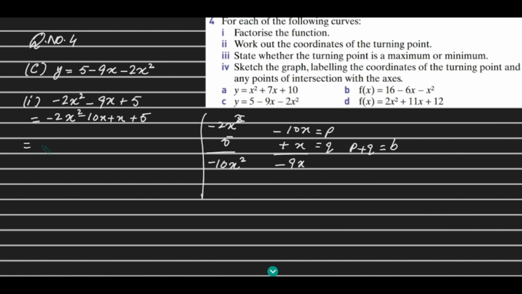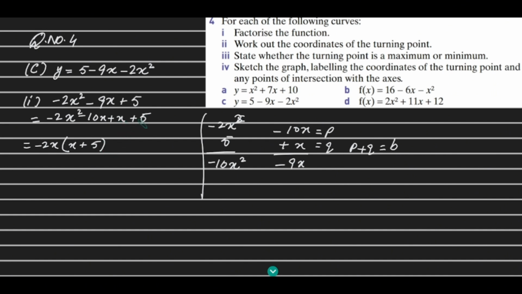From here we take minus 2x as common. Minus 2x squared divided by minus 2x gives x, and minus 10x divided by minus 2x gives plus 5.